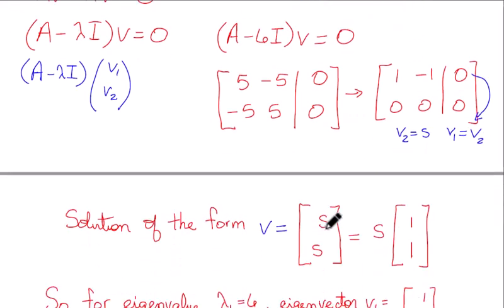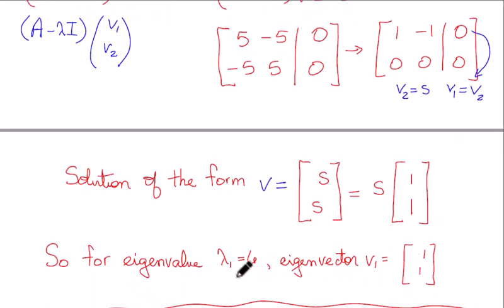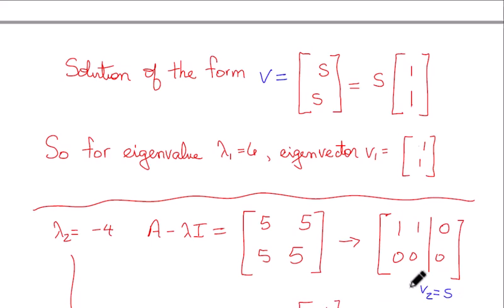So my solution is of the form S, S, where S is an arbitrary number. If I factor it out, I get 1, 1. So for this eigenvalue, this is the eigenvector that actually goes with it.